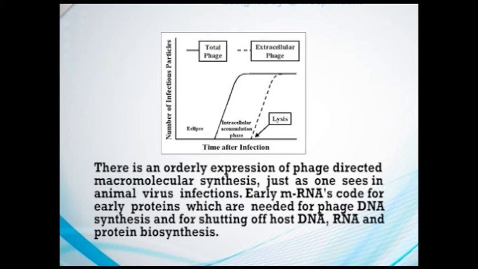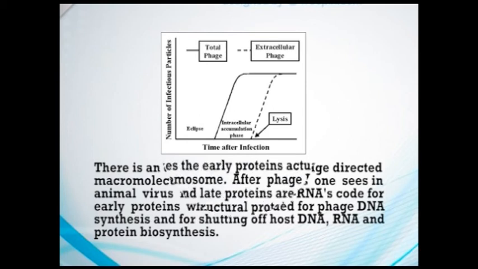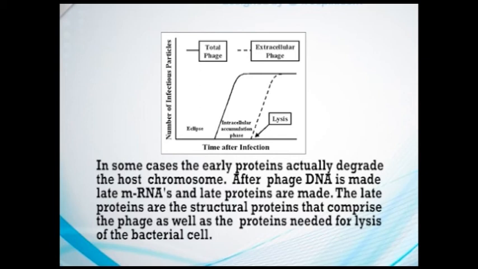Early messenger RNAs code for the early proteins, which are needed for the phage DNA synthesis and for shutting off host DNA, RNA and protein biosynthesis. In some cases, the early proteins actually degrade the host chromosome.